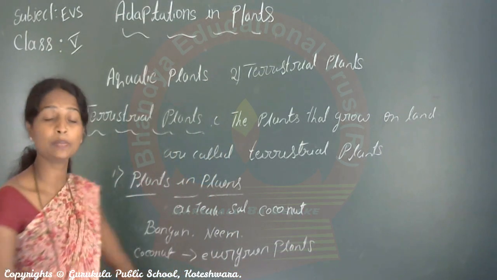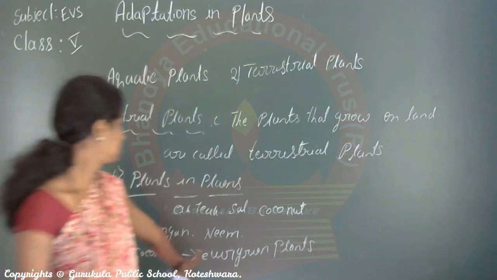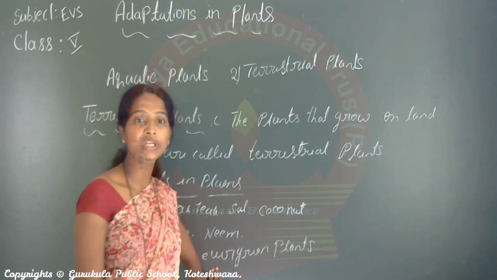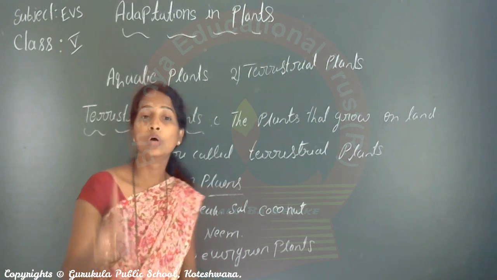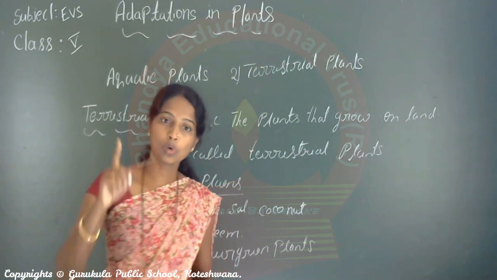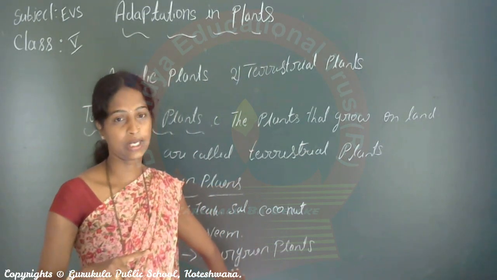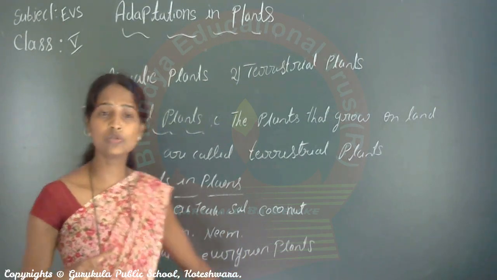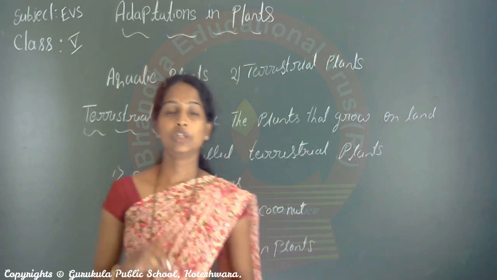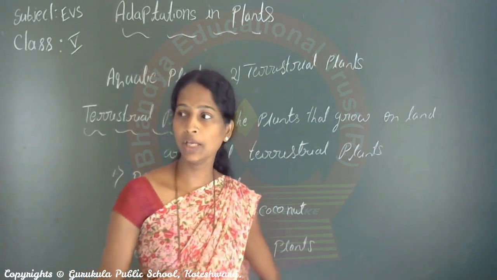What are evergreen plants? The plants which do not shed their leaves in winter. They have green leaves throughout the year. They are called evergreen plants. If they shed their leaves, they are called deciduous plants. If they do not shed their leaves, they are called evergreen plants.